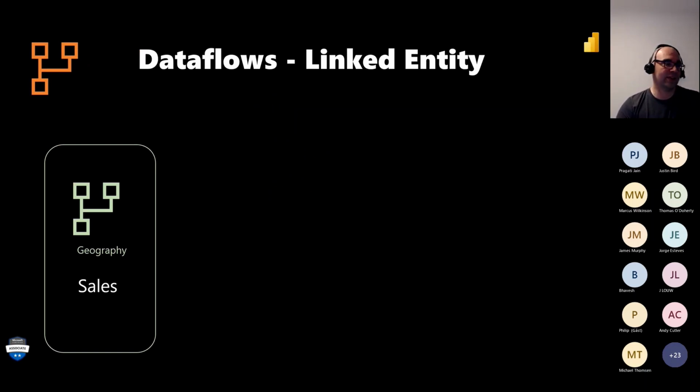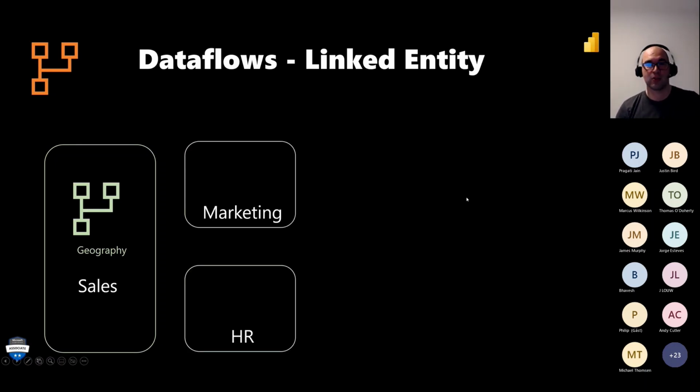Let's say that I have created a geography entity in my sales dataflow, and this entity contains all the attributes I need: continent, country, city, zip code, and so on. Now, chances are that I will need this geography data for other departments in my organization, like, for example, marketing or HR and so on.